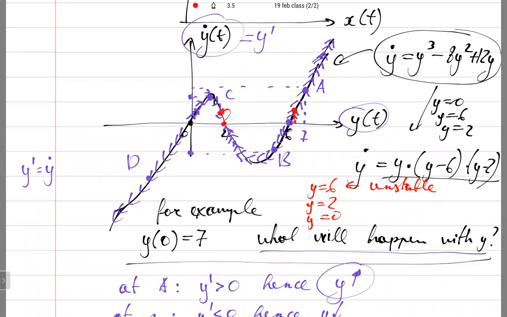And so the equilibrium 2 is... Sorry, can you repeat the question? Oh, the question, I wonder whether the equilibrium y equals 2 is stable or unstable.